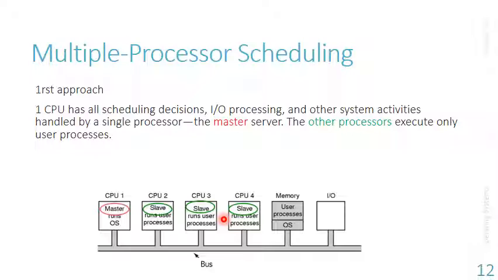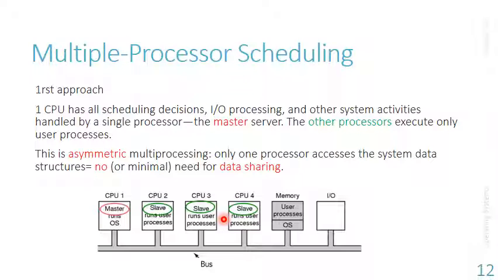You don't have to communicate a lot in order to synchronize. It's unidirectional. And this is what we call asymmetric multiprocessing. So we don't need a lot of data sharing here because it's commands coming from above.